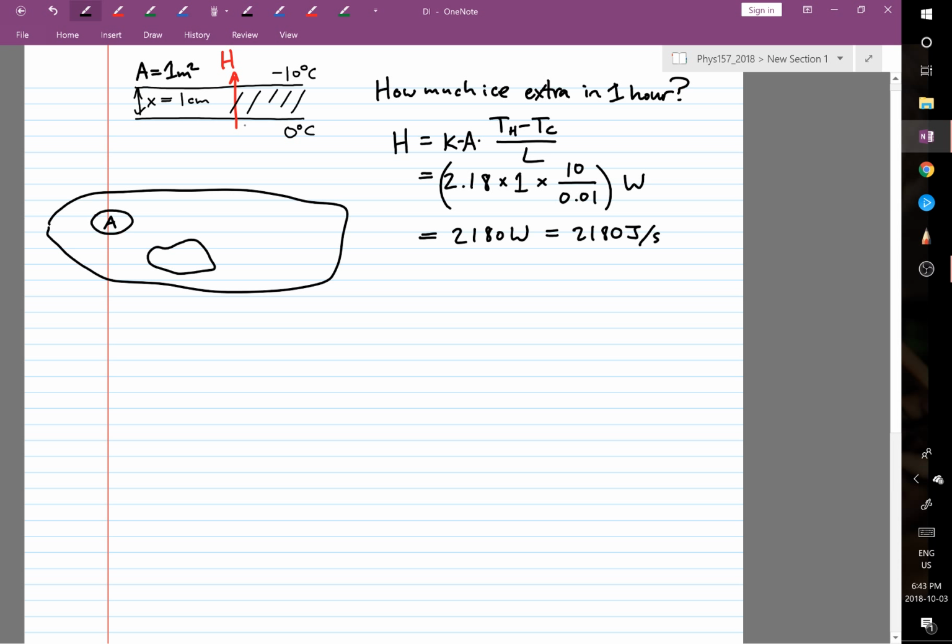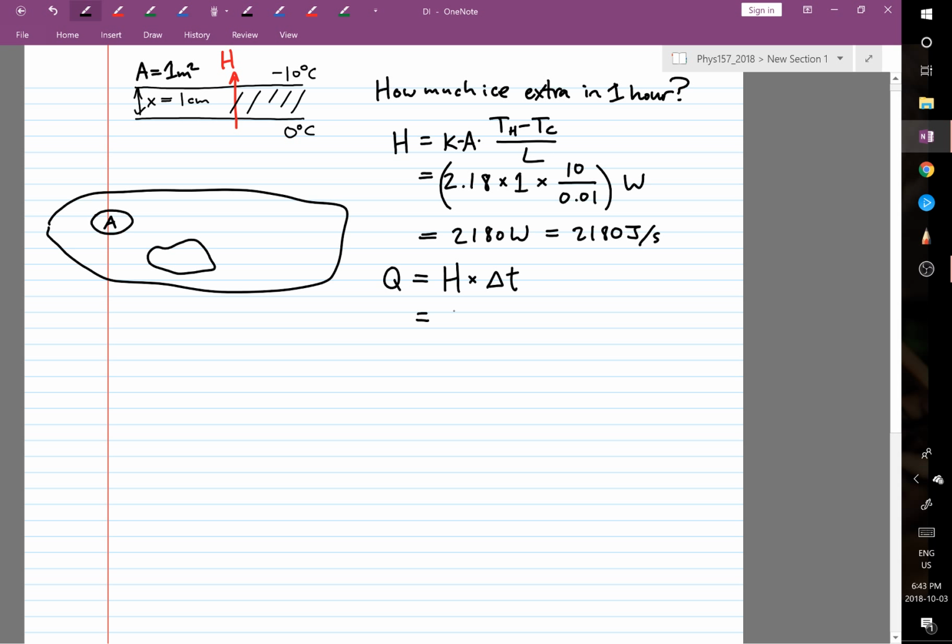To figure that out, I know how much energy is flowing out per second, so I can figure out how much total energy comes out of the water in an hour. That will be a Q value. We multiply the rate of energy coming out, which is H, times the total amount of time, which is an hour.